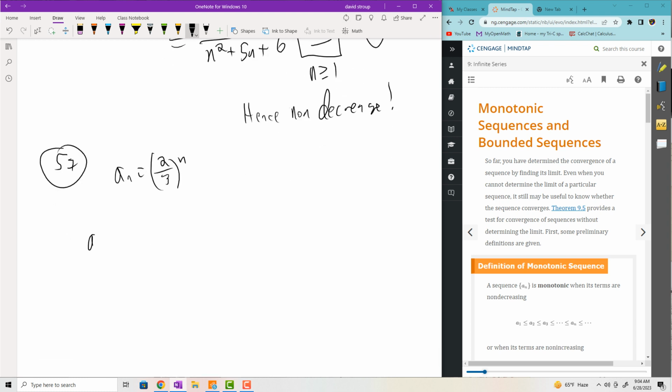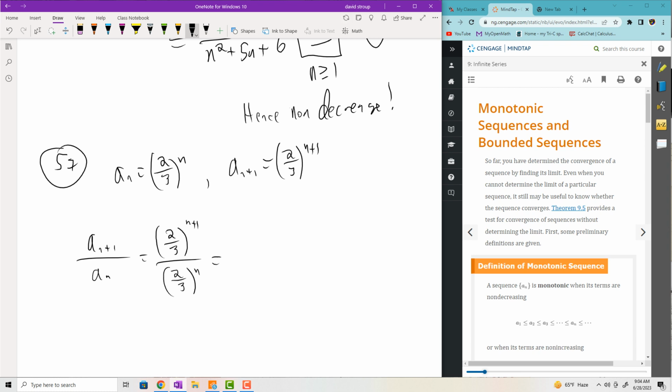I want to look at a sub n plus 1 all over a sub n. Okay? And so what is a sub n plus 1? Just plugging in n plus 1 wherever I see an n. It'll look like that. So this will be 2/3 to the n plus 1 all over 2/3 to the n.